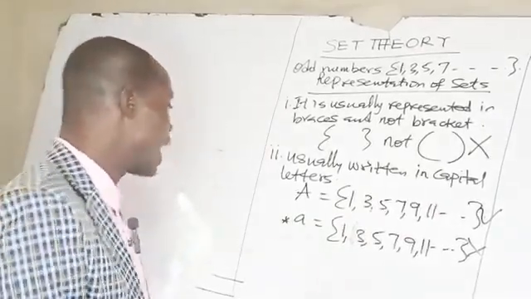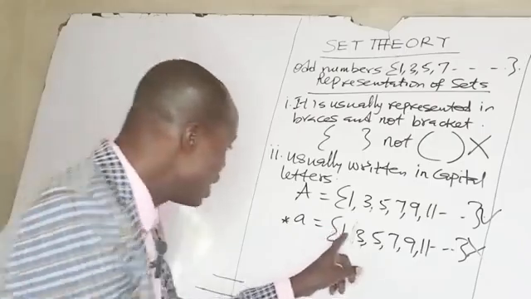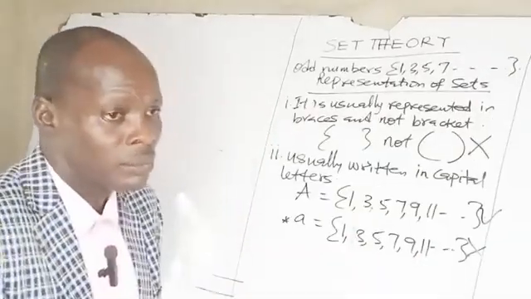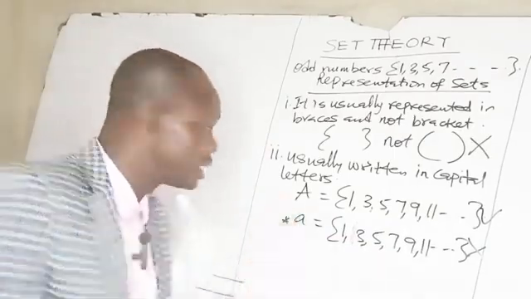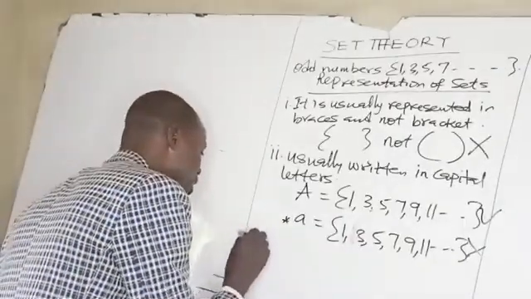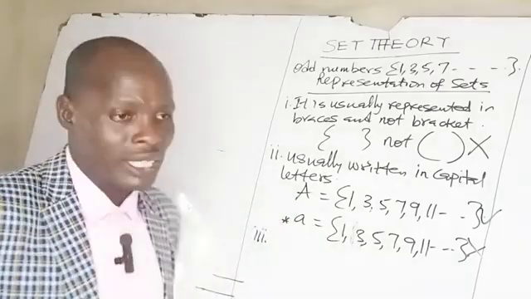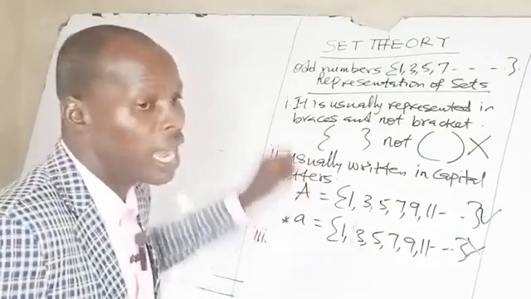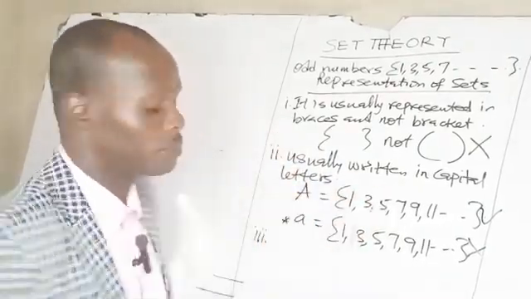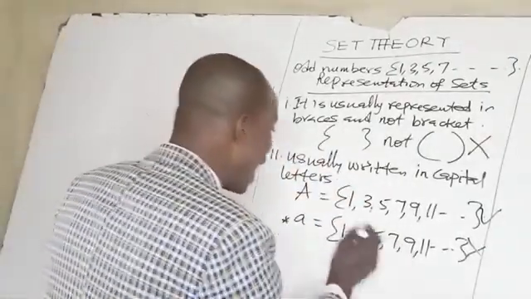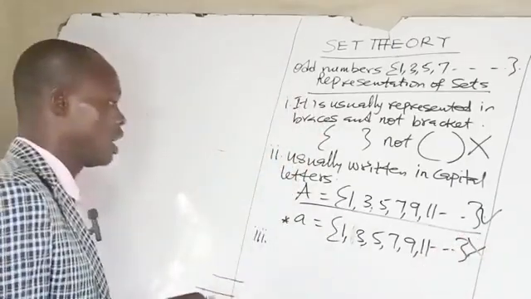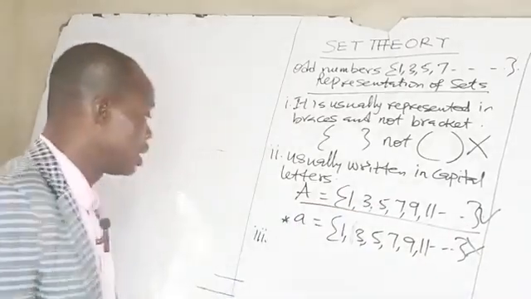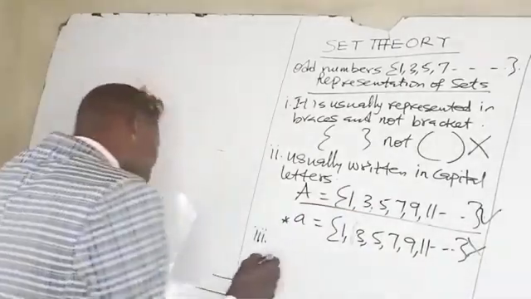But don't confuse that with the element. Elements in sets are members of a set. The objects in a set are called elements. Let me call that number 3. The objects in a set are called elements or members of a set. These are elements of this set of odd numbers, or set of English alphabet.